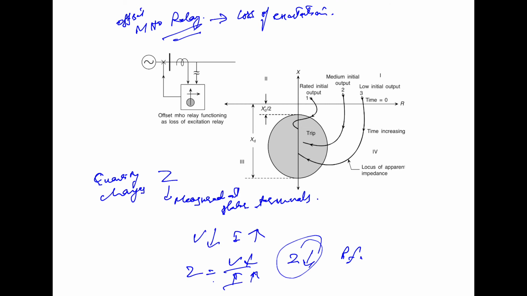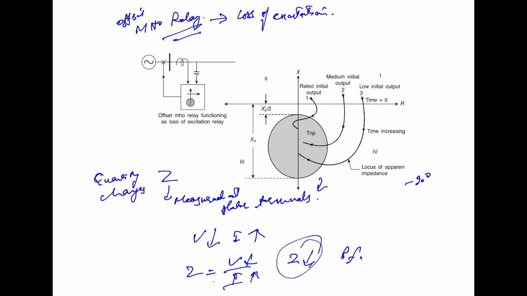Now, the Mho type relay with an offset characteristic may be used for protection against the loss of excitation. The offset is by an amount of Xt by 2, to take into consideration loading and all these factors, and the impedance setting of the relay is Xd at an angle of minus 90 degrees.